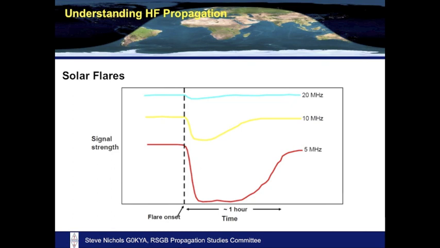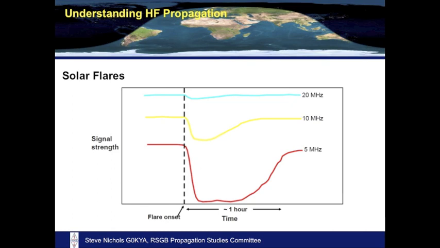Now this diagram shows you the kind of effect you might get from a solar flare. And as I said, it hits the Earth within about 8.5 to 9 minutes because it's electromagnetic radiation, penetrating deep into the D layer. Therefore, what we get is that the lower frequencies are quite seriously affected, and say 3.5 megahertz, 5 megahertz can be knocked out completely, and you lose all propagation via the E layer and F layer.